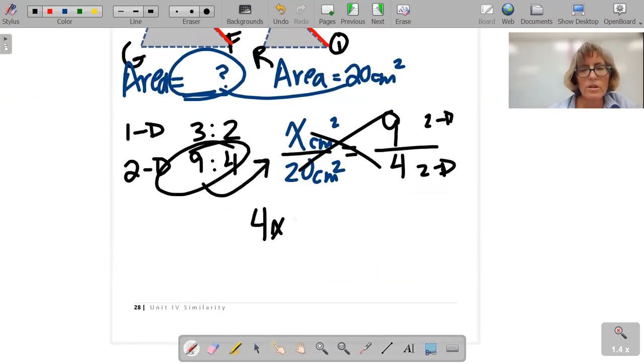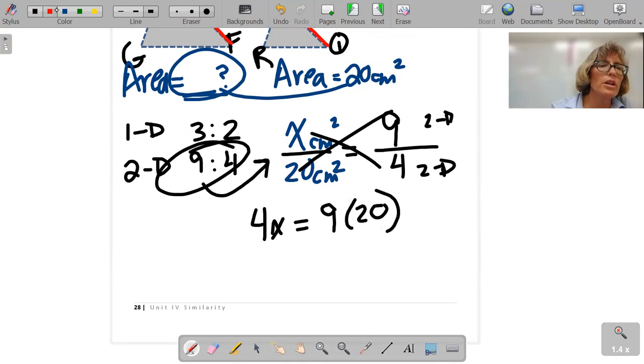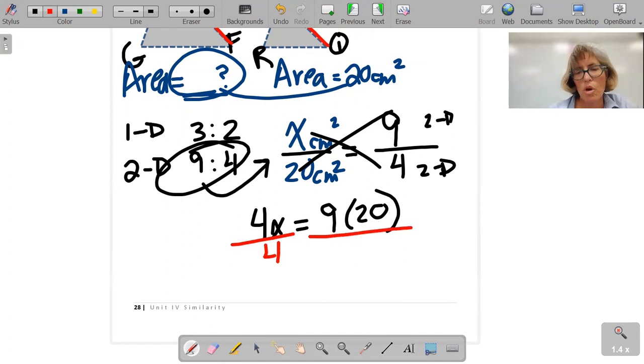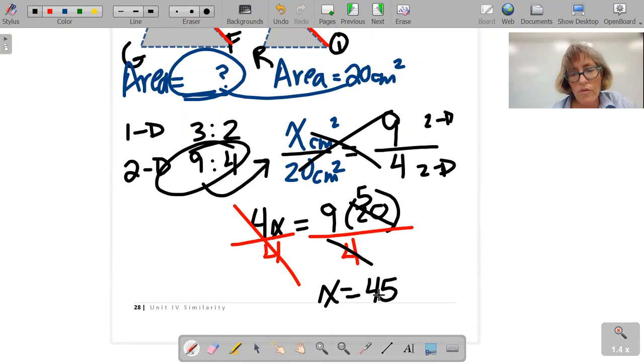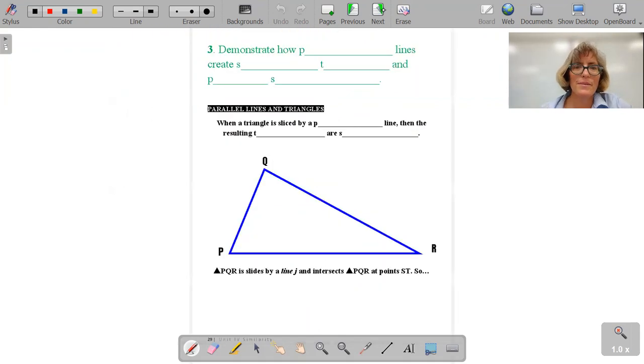You have 4x equals 9 times 20. Get your hands off those calculators, friends, or hopefully you didn't use one. And x, 4 goes in there 5 times. The area is 45 centimeters squared. When you change dimensions, you change ratios.